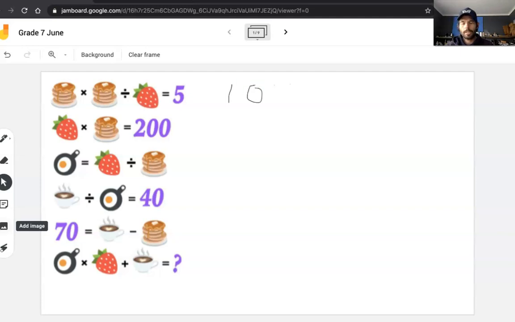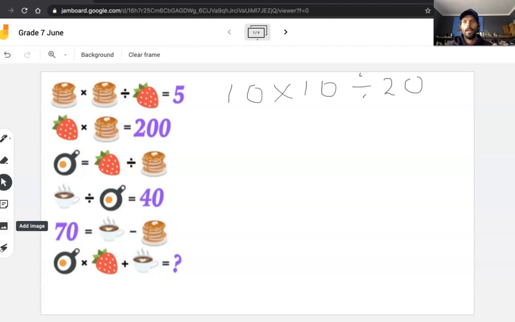And one of the mistakes I made is that I said 10 times 10 first, where it should be the second pancake divided by the strawberry first, because division comes before multiplication. So 10 divided by 20 is a half, and then 10 times a half is equal to 5. That would be the correct way of doing it.